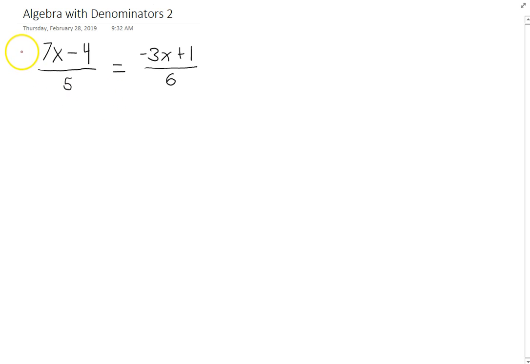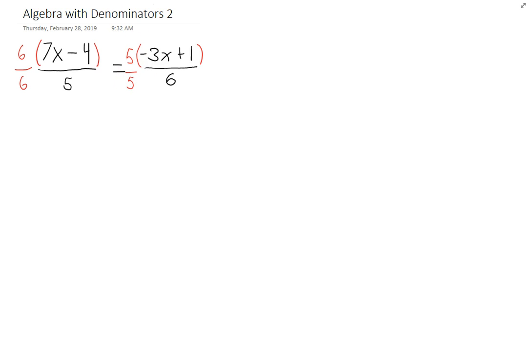So I'm going to multiply this side by 6 divided by 6. 6 divided by 6 is 1, so that actually won't change anything. I'm going to multiply this side of my equation by 5 divided by 5, which is also 1.